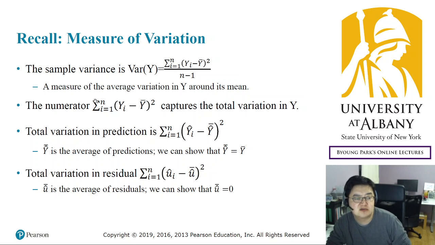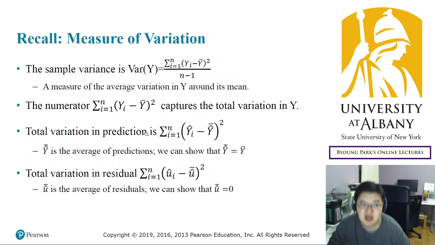When you sum them, this summation is the total variation in y, measured by the distance between the mean and each observation, right? If you understand this, and you divide it by the sample size minus 1, then you get the variance.